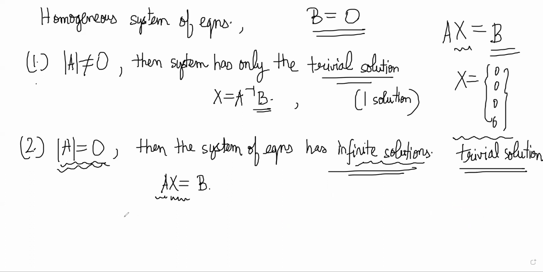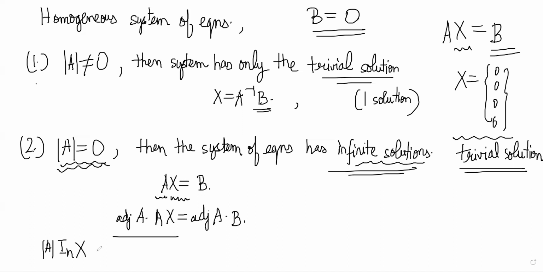So if det of A is zero, let's multiply by the adjoint. We are getting det of A times x is equal to adjoint A times B. But B is a zero matrix, so this is zero.